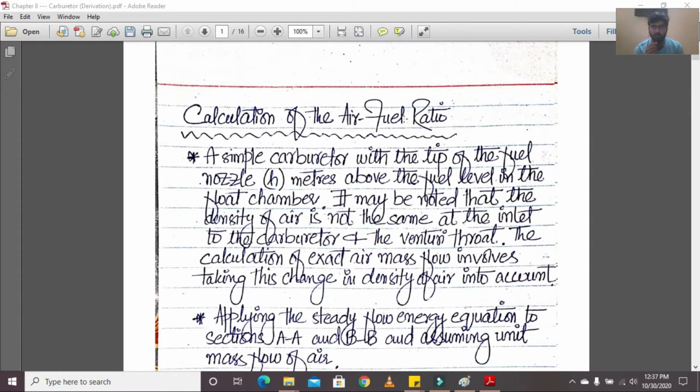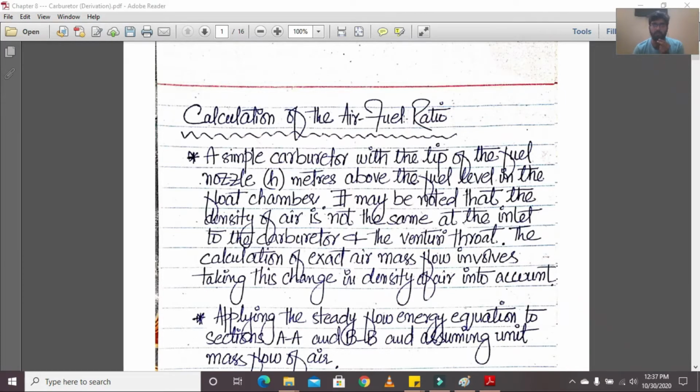The mass flow rate of the fuel which is moving from inside the float chamber into the venturi throat through the fuel metering orifice. So we would be basically finding out two relations, one for the mass flow rate of the air and second for the mass flow rate of the fuel.